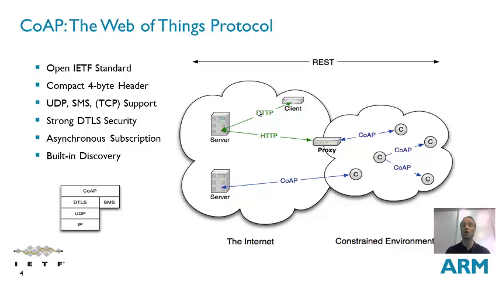So we can build in things like subscriptions natively, do discovery, and even handle things like multicast requests. So CoAP's an interesting mix of making the web very efficient and adding features that are important for IoT applications like subscription and discovery.